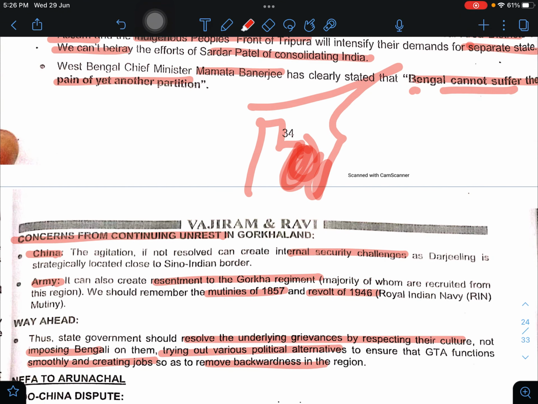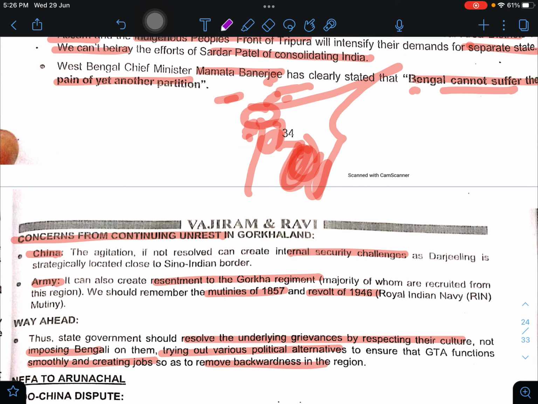Now the concerns. The Siliguri corridor, the chicken's neck, is very sensitive. First of all, there are international boundaries there. Down below you have Bangladesh, here you have Bhutan, China, and here Nepal. Moreover, lots of state boundaries also converge here.